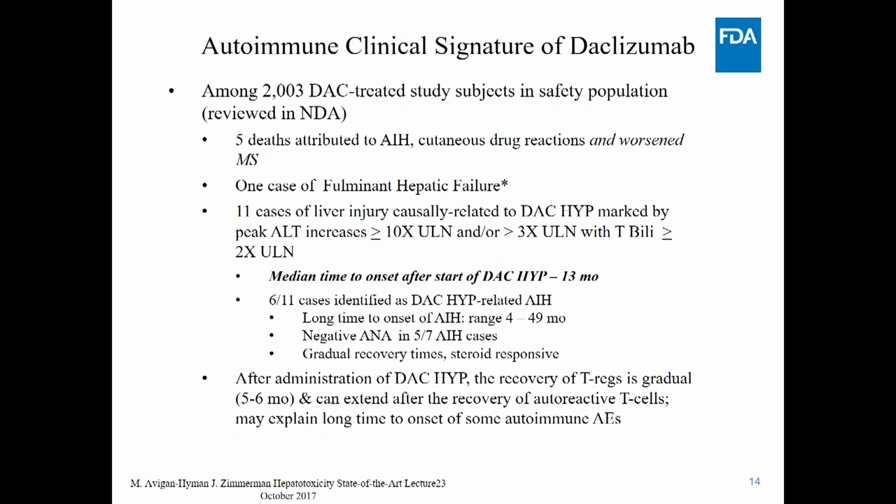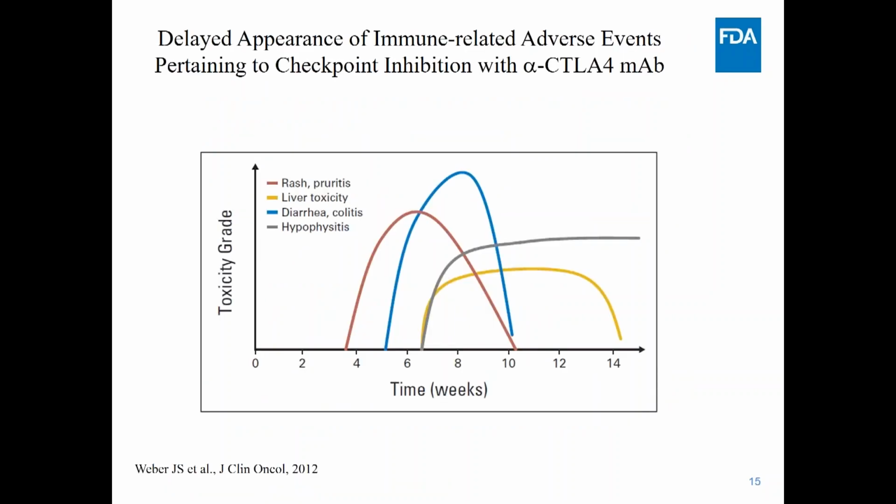After administration of this IL-2 antibody, the recovery of Tregs is gradual over a 6-month period of time, and it can extend till after recovery of the autoreactive T cells. And this certainly does explain a long time to onset of some autoimmune adverse events, and in fact looks a lot like the kinds of immune-related adverse events pertaining to checkpoint inhibition, particularly with anti-CTLA-4 monoclonal antibody.